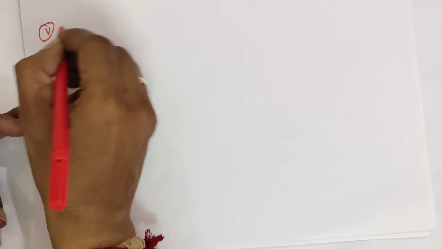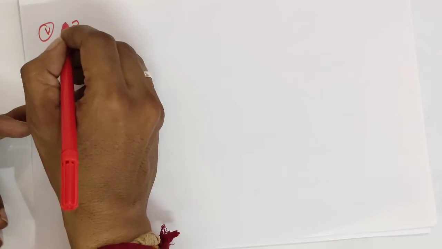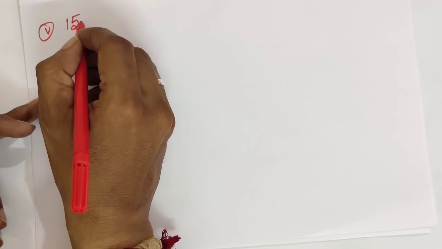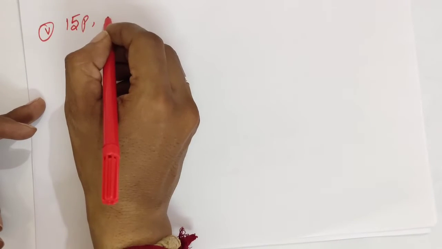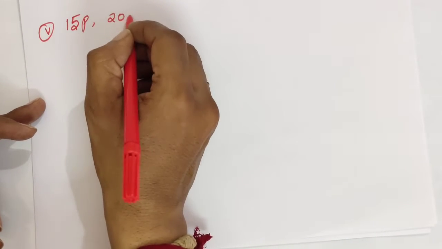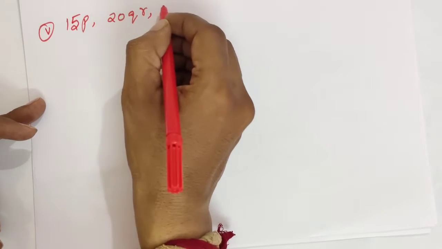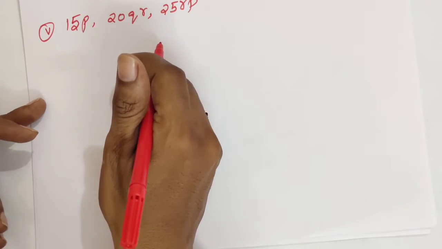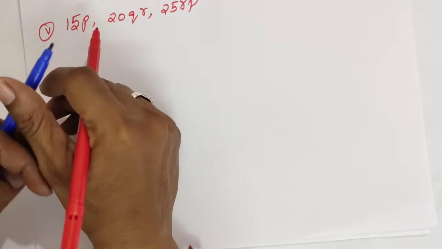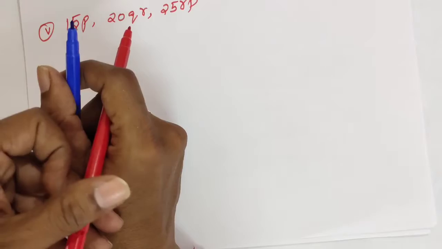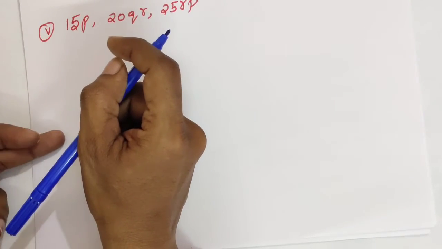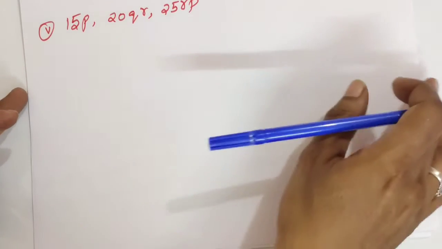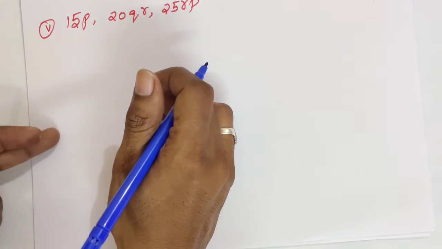So here we have 15p, 20qr, 25rp. I left the third and fourth ones for your sake, just do it yourself.